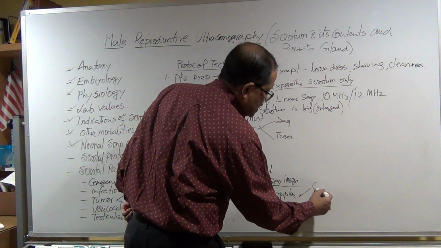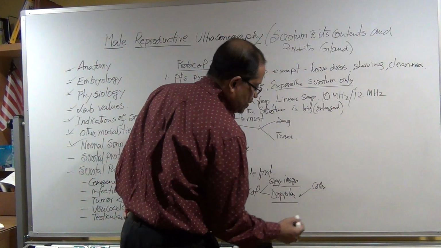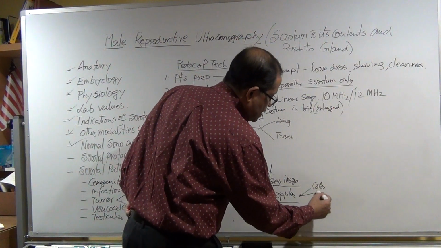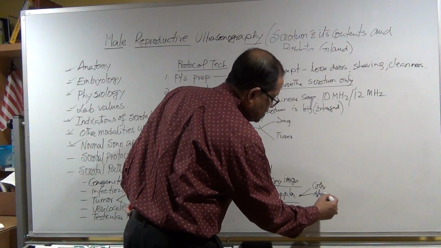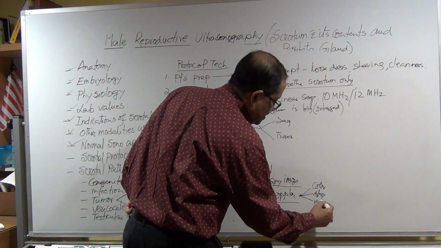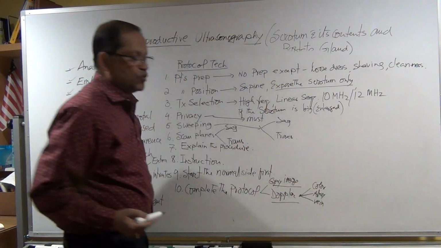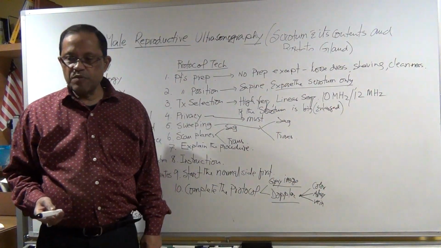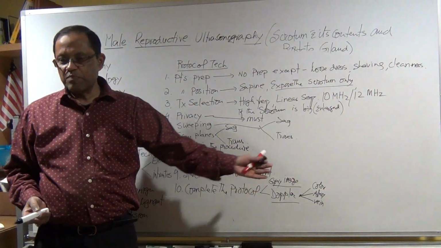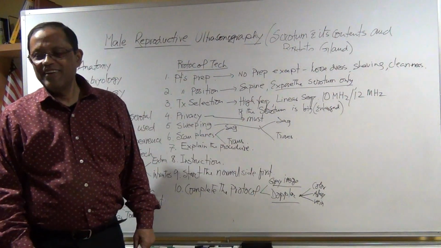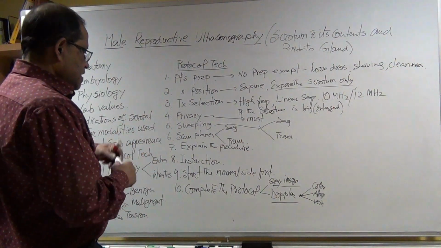We click the color, right? Then we figure out the artery. We figure out the vein. And just do the Doppler. Spectral wave of the artery and vein is a super plus point for you. Okay? Then you will see.